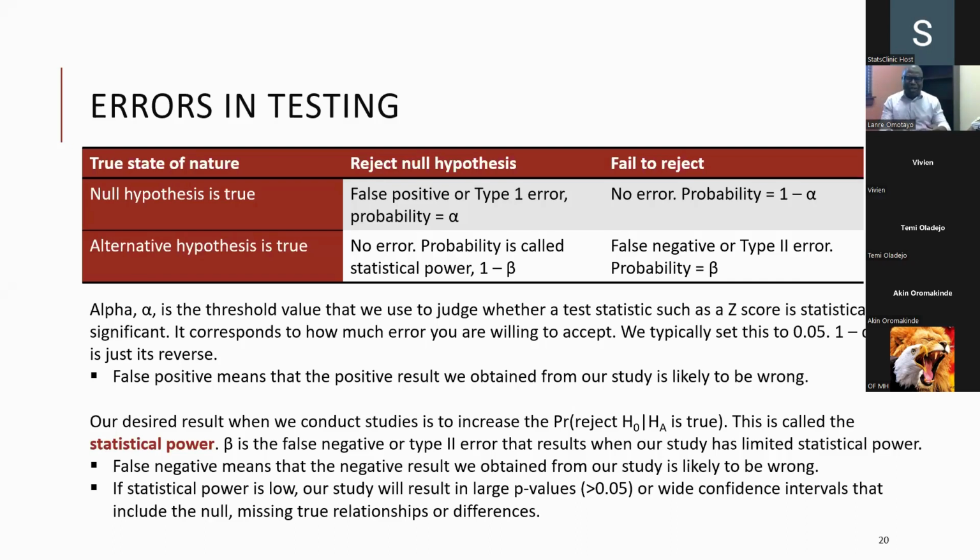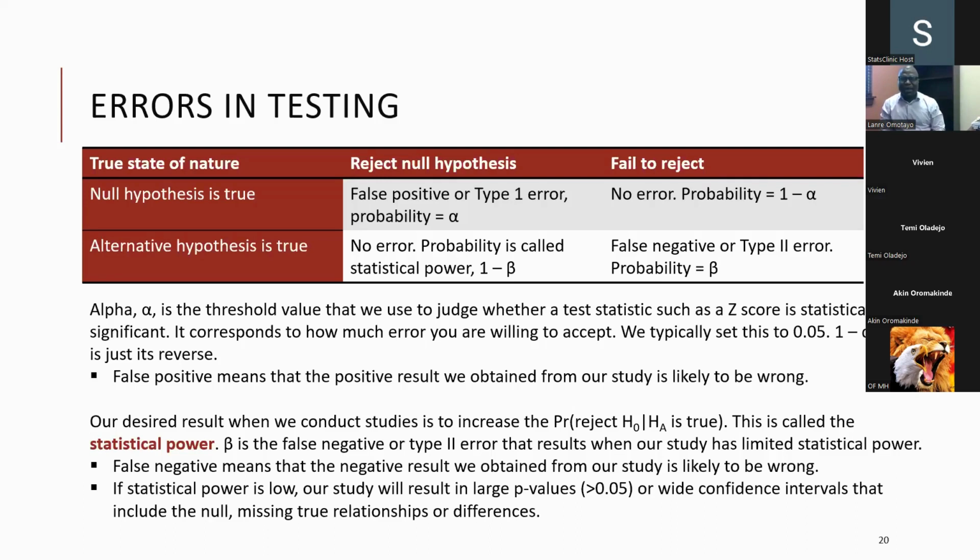Now, for that error, your alpha is actually how much of that error you are willing to live with. Meaning, how much of the chance that I am wrong am I willing to live with? So if the chance that I would declare that I found a difference, when in fact there's no difference in the population, is 5%, okay, I will leave my alpha at 0.05.